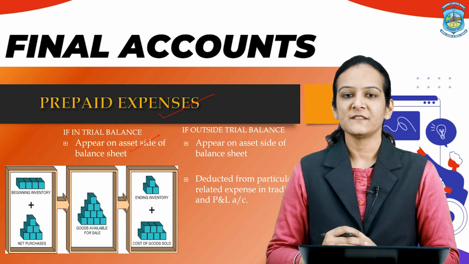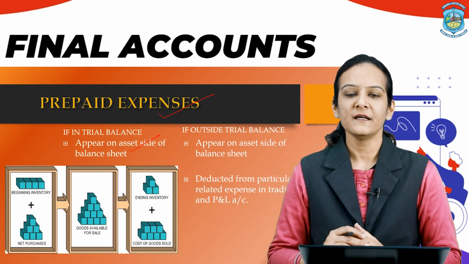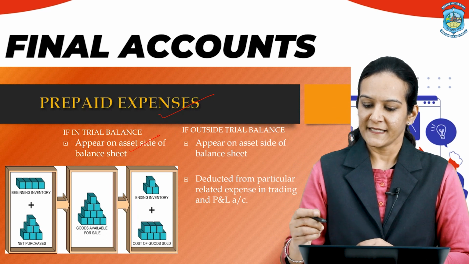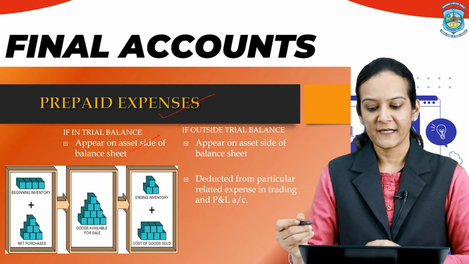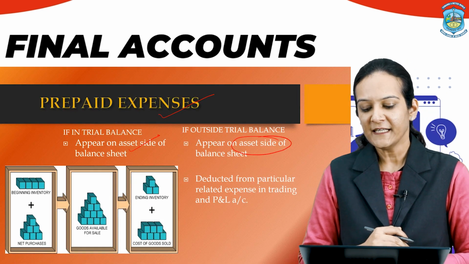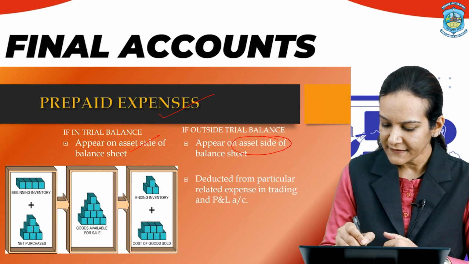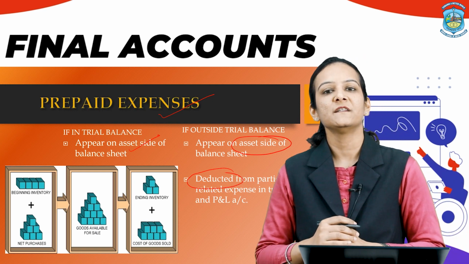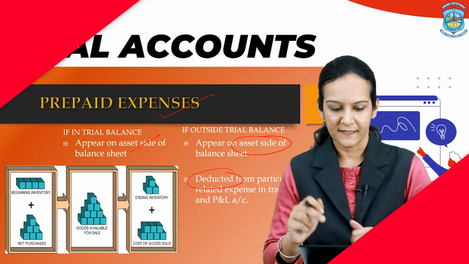If prepaid expenses are given as an adjustment outside the trial balance, then there will be two effects. First, they will appear on the asset side of the balance sheet, and second, they will be deducted from the respective expense in the trading and profit and loss account.